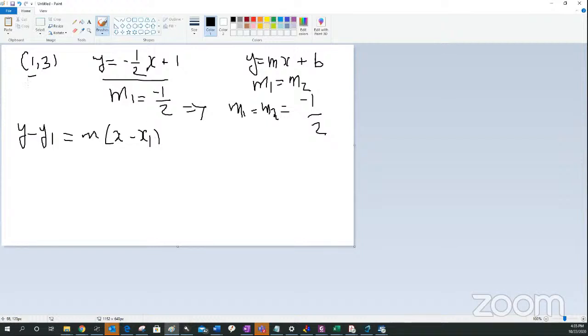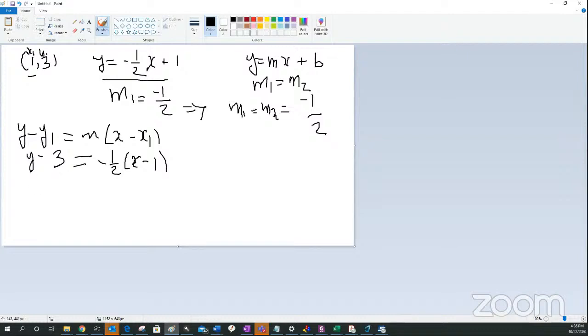This is our x1 and this is y1. So that gives you y minus 3 is equal to our slope, m1 equals m2, negative 1 over 2, times (x minus our x1, which is 1).